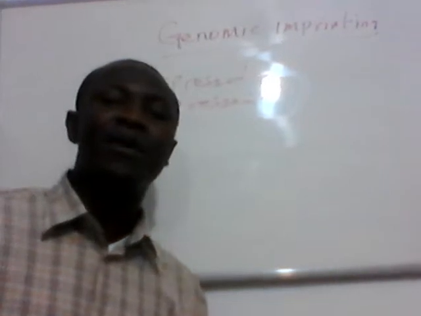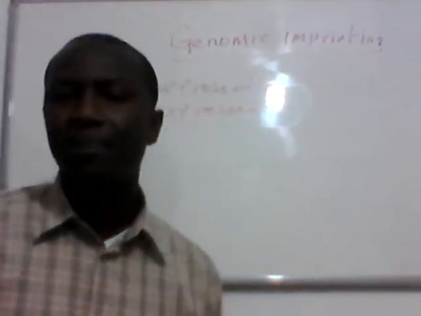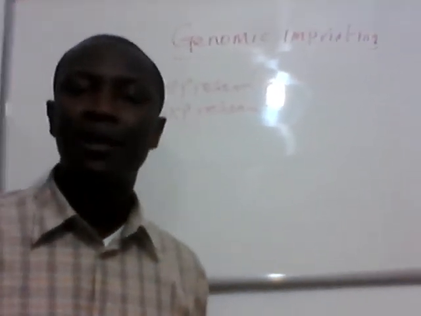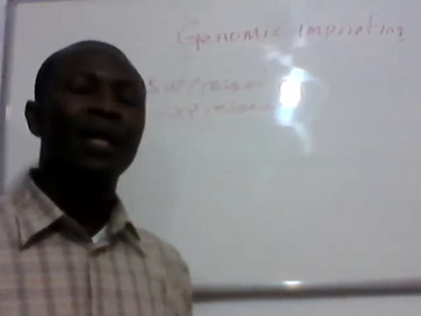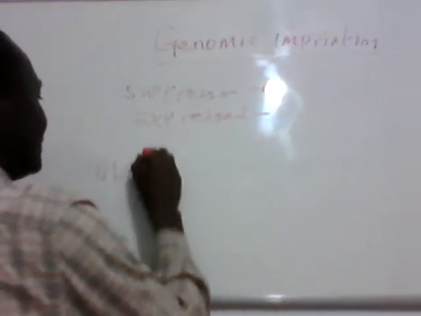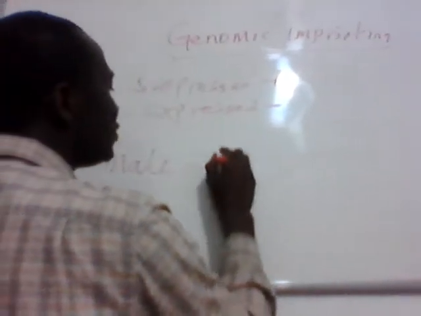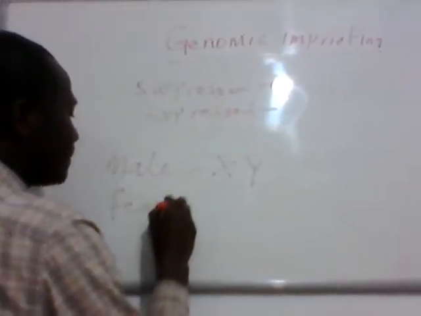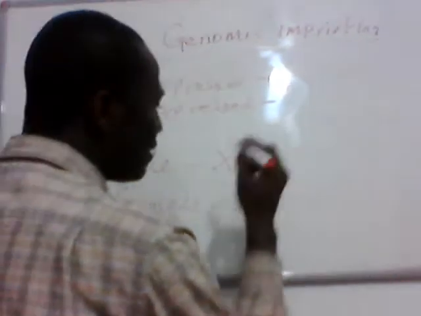Now, one of the most common examples would be the acquisition of X and Y chromosomes. We know that males normally have X and Y chromosomes, and females normally have X chromosomes.